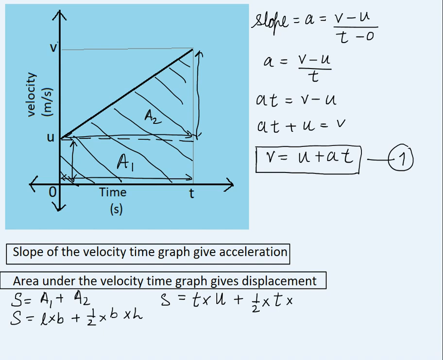We know that since this is v, v is this whole length and this is u over here, so this length is u. Therefore this length will be v minus u. So I will write here v minus u.